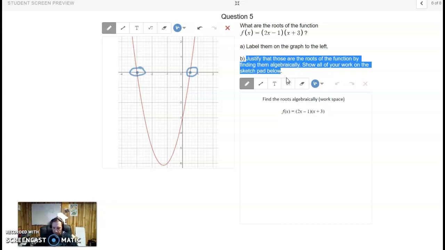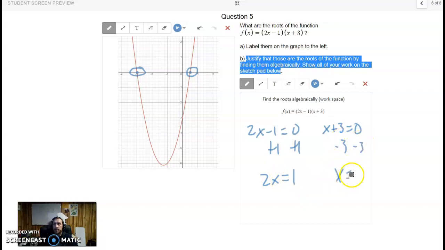And so to justify it algebraically, remember we set each possible side equal to 0. So this root equal to 0 and x plus 3 equal to 0, and we solve those for 0. Here we add 1 to both sides and we get 2x equals 1. Here we subtract 3 from both sides and we get x equals -3. Divide by 2 and we get x equals 1/2 and x equals -3.